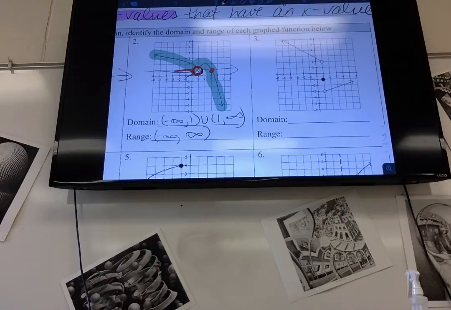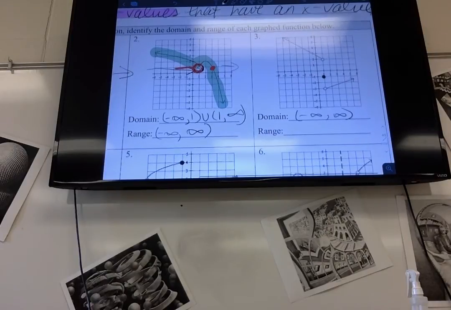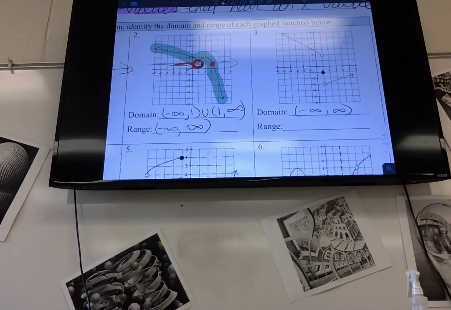Go ahead, Rebecca. Negative infinity to infinity. That's absolutely right. Why didn't I have to stop at 1? Because there's a closed circle at 1, so I don't have to worry about it. Good. Anybody want to tell me the range? Negative 3 to infinity. Negative 3 is an open circle, so it's an open parenthesis.